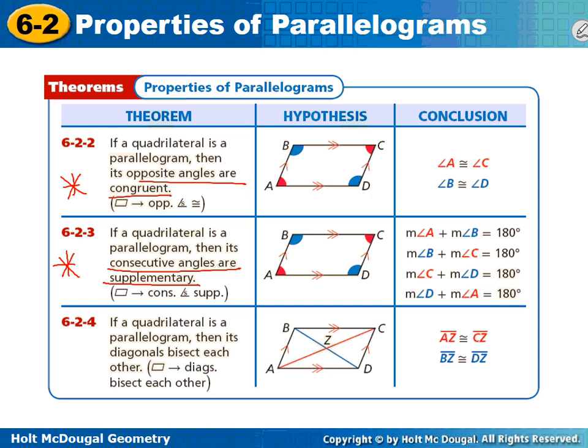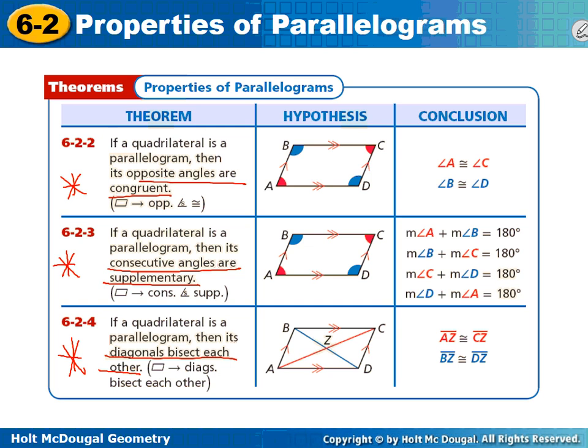The 5th property is right here in your notes. What does it say is true in a parallelogram? The diagonals bisect each other. What does it mean to bisect? Okay, cut in half. What's a better definition? Two congruent parts. Split into two congruent parts.